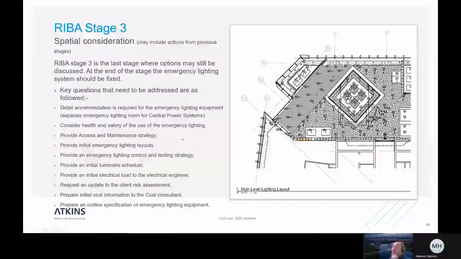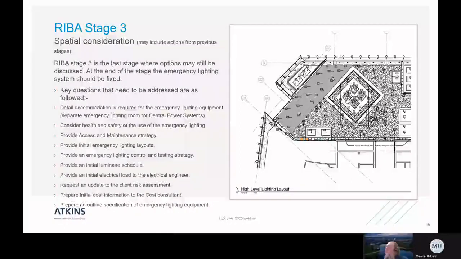So what do I mean by initial emergency lighting level layouts? In BS 5266, you can lay out probably 70% of the luminaires at this stage. So you know your points of emphasis, you know where your exit doors are, you know where your escape route is, and you can look at that and provide all the emergency lighting at those points.